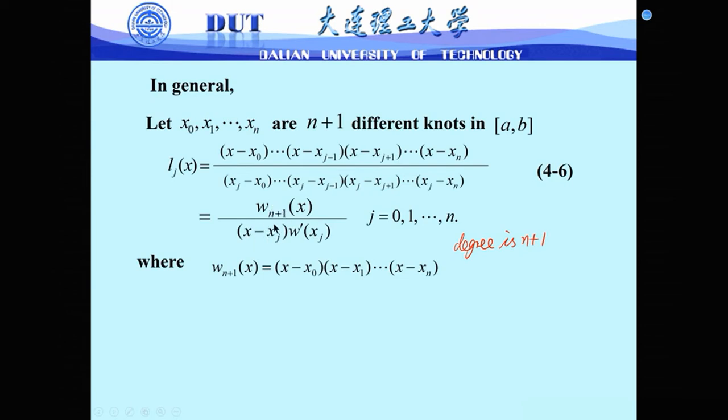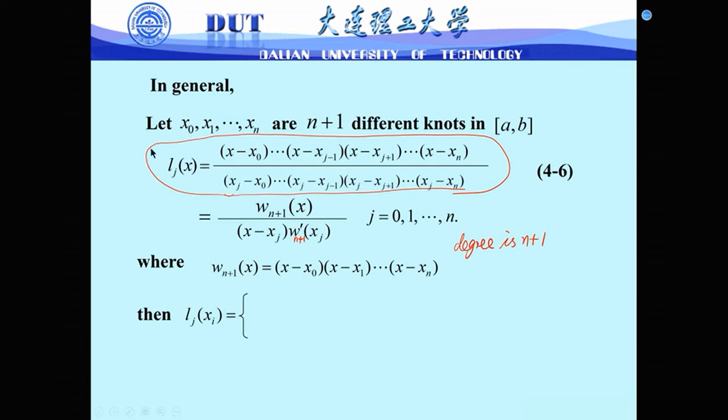These terms in the denominator can be represented by the derivative of the same function W(n+1) at xj. Of course, it's better to remember this form. If you cannot understand this form, that's okay. But the previous one is necessary for you.